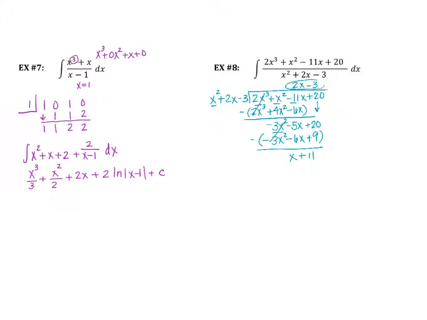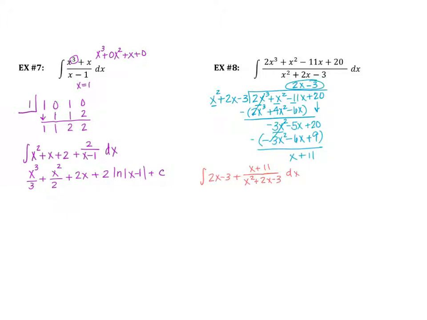We have this to integrate. And so when we do that, we have the integral of 2x minus 3 plus x plus 11, that was our remainder, over x squared plus 2x minus 3.